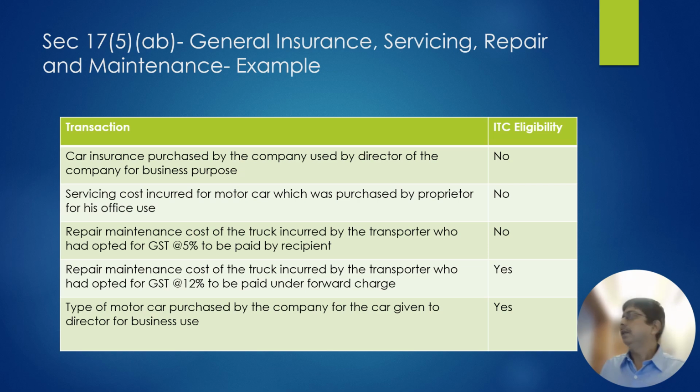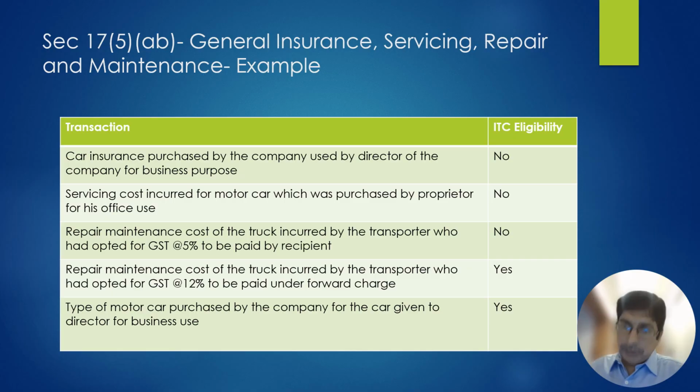We all know that a GTA service provider has an option to pay the GST on its own at the rate of 12% or opt for 5% GST to be paid by the recipient under reverse charge mechanism. When the GTA service provider opts for the rate of 5% to be paid by the recipient under reverse charge mechanism, the GST credit on the truck is not available. Therefore, the GST credit on that truck's general insurance, servicing, repair, maintenance is also not available.